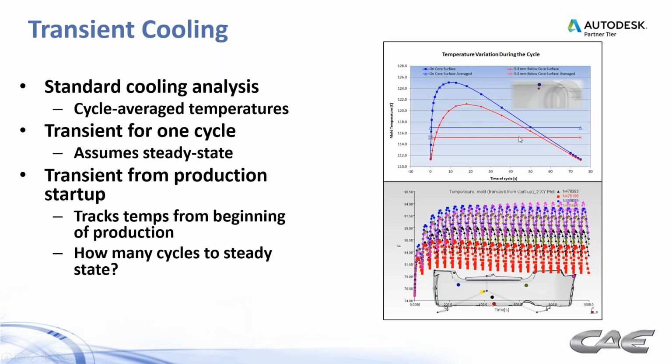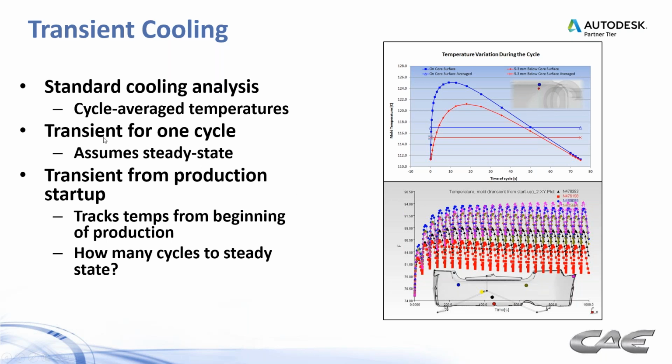So there are many cases where this is very beneficial, where you need a lot more accuracy to know what these temperatures are at the end of cycle or at any point during the cycle. But generally speaking, this would be more advanced analysis that isn't totally necessary on most of your molds.